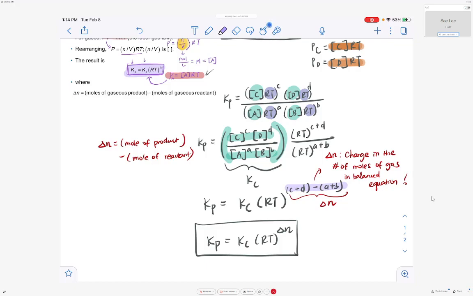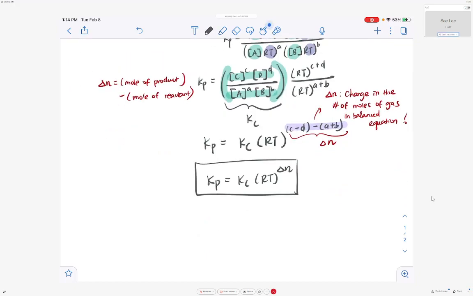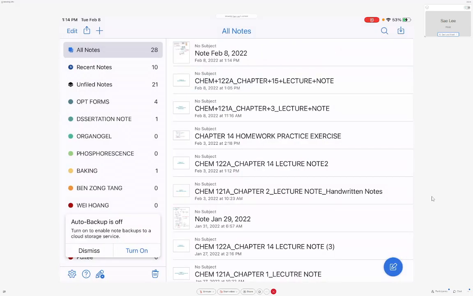What this equation is telling us is that if we know the moles of products and reactants, the reaction temperature, and Kc, and we already know the gas constant, then we can easily find the Kp value, and vice versa. Okay, let's do a practice exercise.